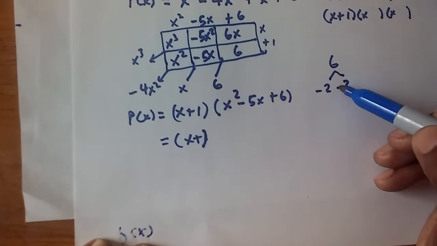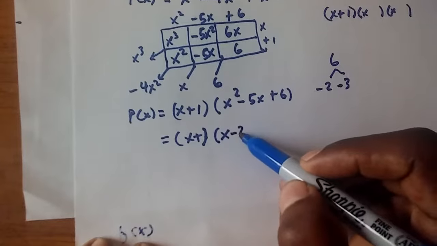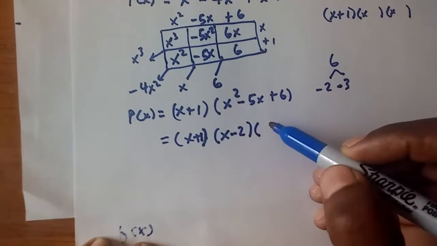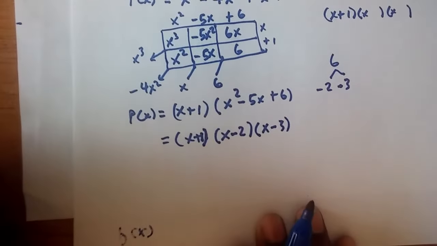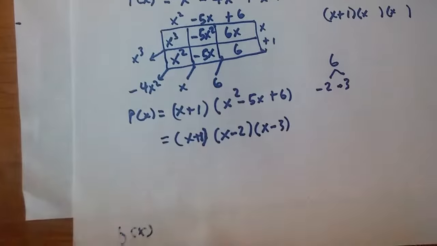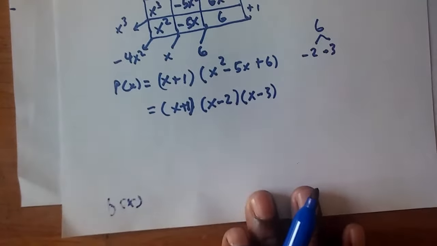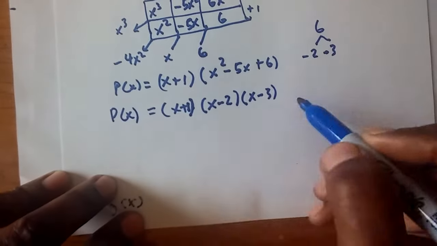Both of them have to be negative, so we don't need to look too far away. It's going to be x minus 2, x plus 1 over here, and then x minus 3. So now we have our polynomial in the factored form.